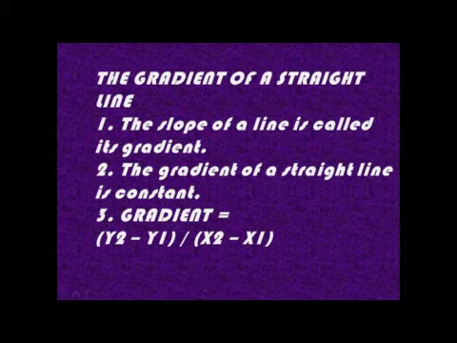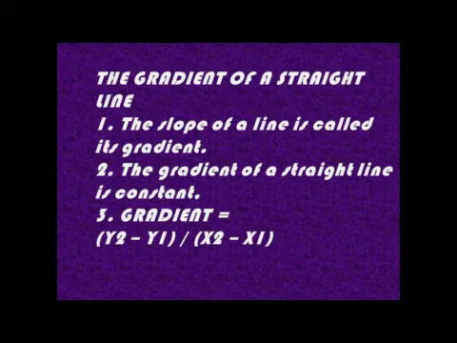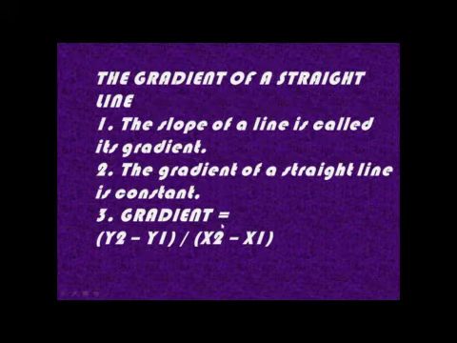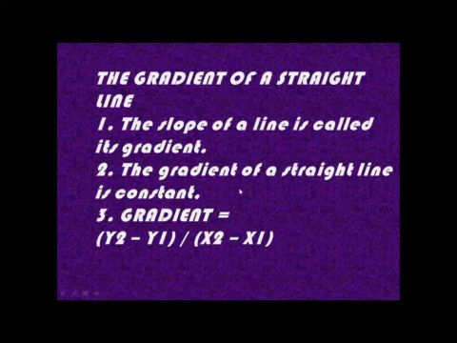In mathematics, you have to follow the BIDMAS or BODMAS rule. You first solve the brackets, and then you move on to division of the both terms. So that's a simple mathematical rule, and you have to remember that.